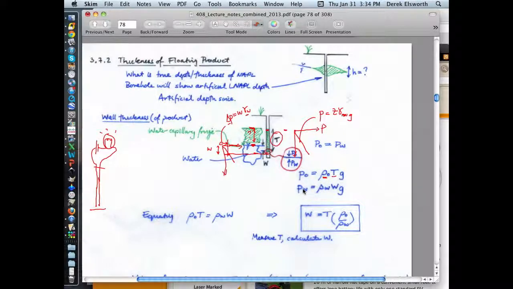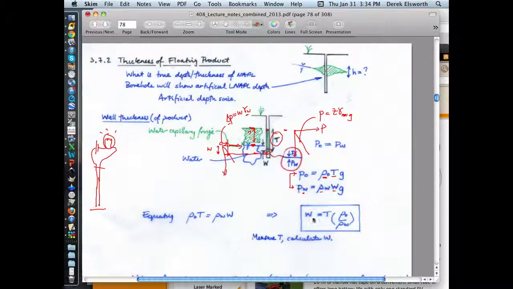We know that in water, the distance below here, this is atmospheric, which is the same as this. The distance below here to this point has to be the unit weight of this fluid times its height, so the unit weight of water times the height of this fluid. It starts off at atmospheric here, which is 0, and goes to some new magnitude here. And across this interface, these two pressures have to be the same.